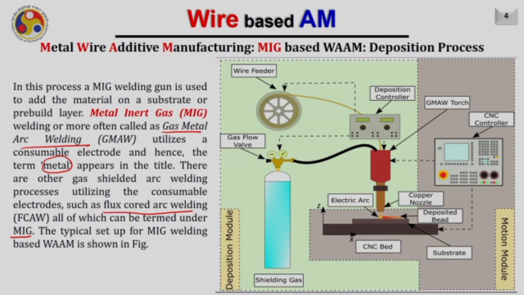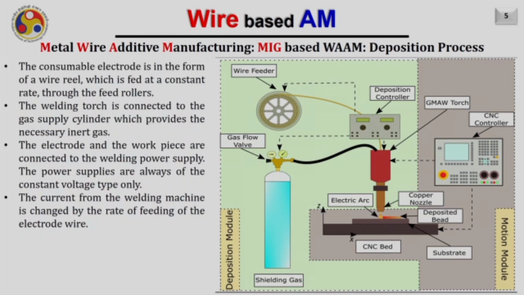So, a typical setup for MIG welding based wire arc additive manufacturing is shown here in this diagram. So, usually the consumable comes in the form of a spool, as you are seeing here. So, this is the wire reel where the consumable is winded on. This wire is fed continuously into the welding torch, and that is written here.